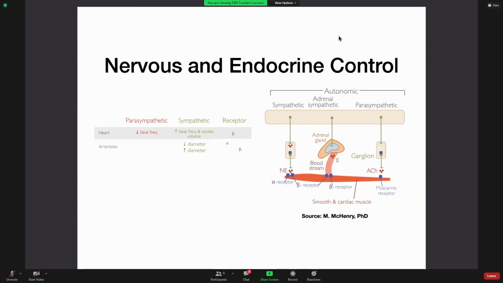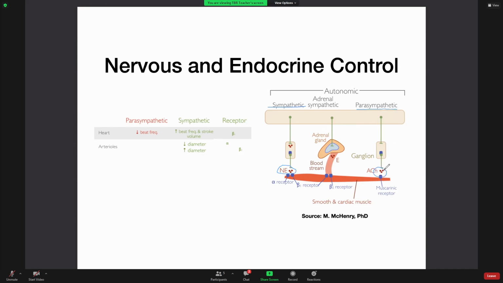Okay, so if you go back through the nervous system lecture, I mentioned a couple things. The sympathetic nervous system uses norepinephrine. The parasympathetic nervous system uses acetylcholine.